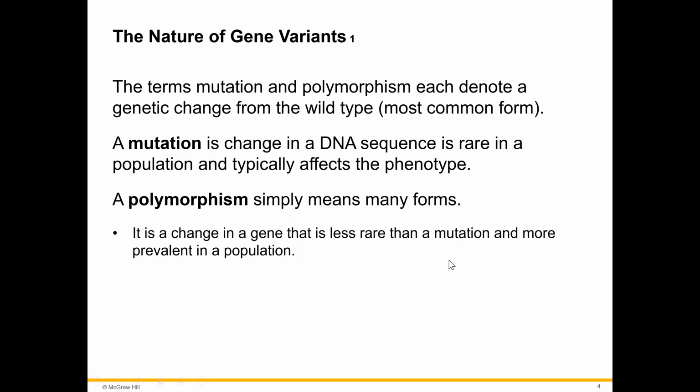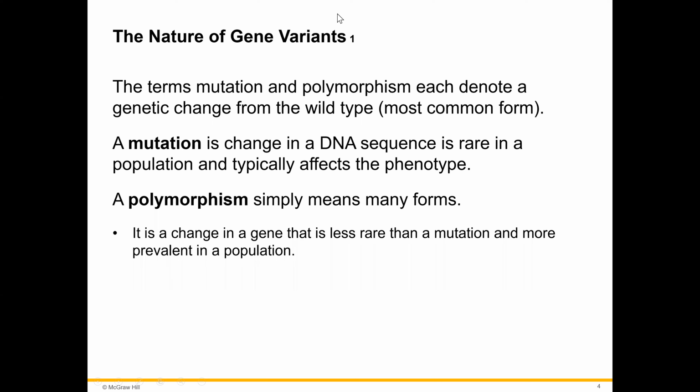The nature of gene variants. The terms mutation and polymorphism each denote a genetic change from the wild type. The type of organism, its phenotype, how organisms look, that is most common in nature is called wild type. So any time we have a phenotype that is different from this most common form, we use the term mutation or polymorphism.